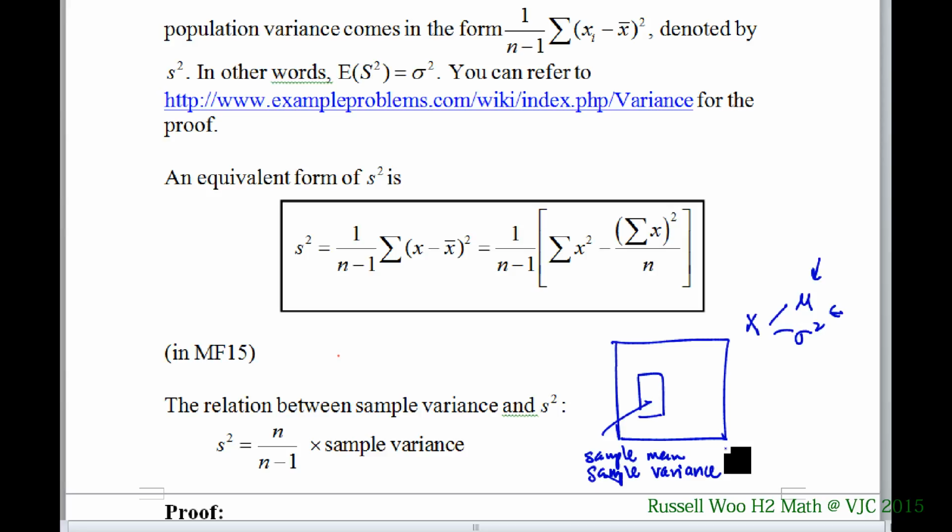Because when you calculate, you are calculating sample mean and sample variance. You are using them to estimate mu and sigma squared. Okay? Sample mean is a good estimate, an unbiased estimate. If you do it enough times, the long-term average value will get you mu. Sample variance is not good to estimate the variance. You must use something called S squared, the unbiased estimate. But the S squared formula is very similar to the sample variance formula.